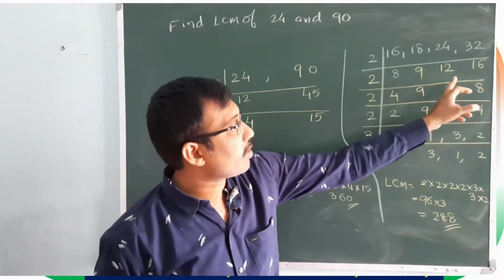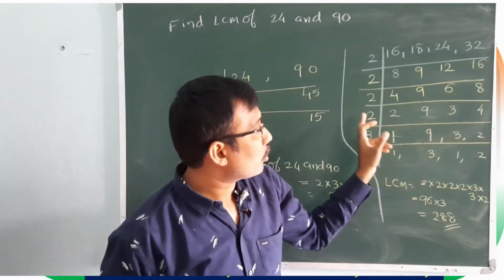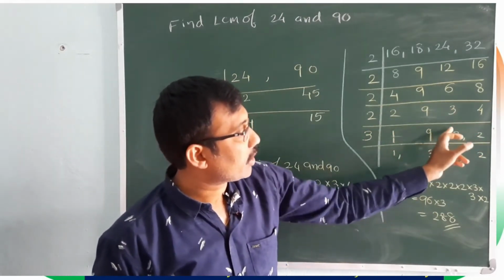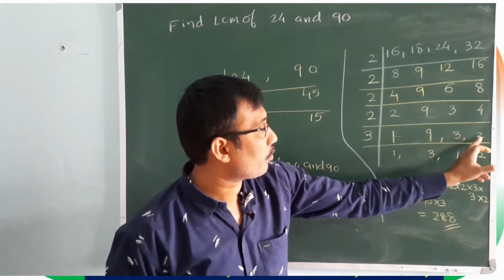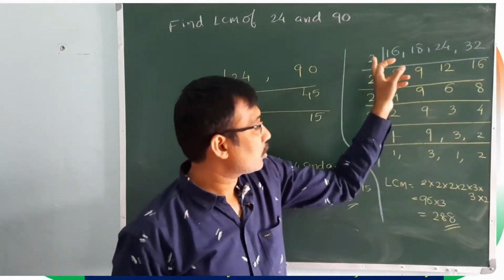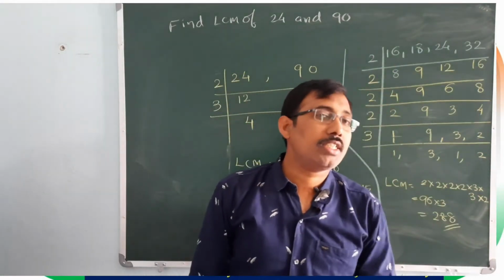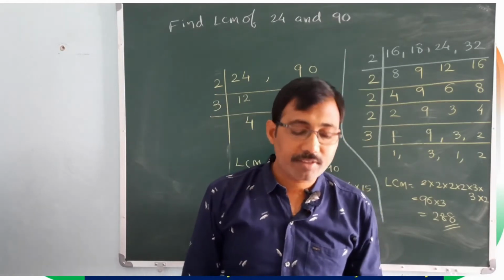Next, the remaining numbers are divided by 2: 2 twos are 4, 2 ones are 9 carried forward, 3 is also carried forward. Next, 3 threes are 3, 3 ones, 2 is carried forward. After that, find the product of the numbers; that is the LCM of the given numbers.